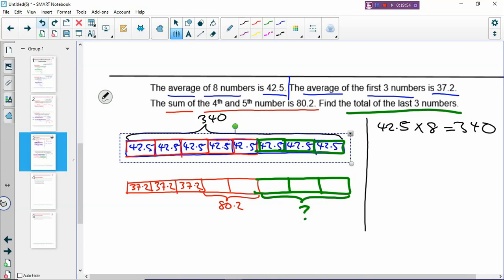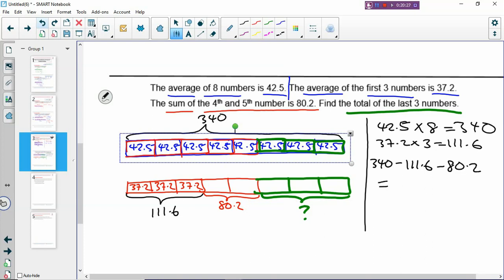And then you can find the total of the first three numbers, which is 37.2 times 3, you will get 111.6, and whatever answers you found, you have to put it inside the model. Then you take 340, the total of the 8 numbers, and minus away the total of the first 3 numbers, and minus away the sum of the 4th and the 5th number, and you will get the total of the last 3 numbers, which is the question mark.